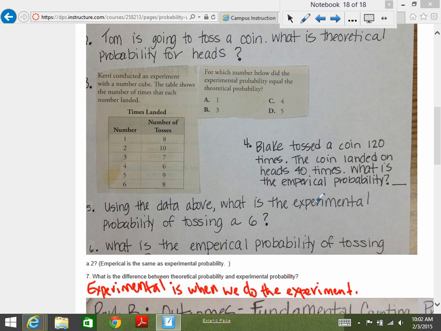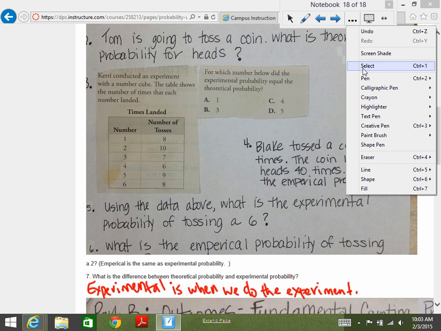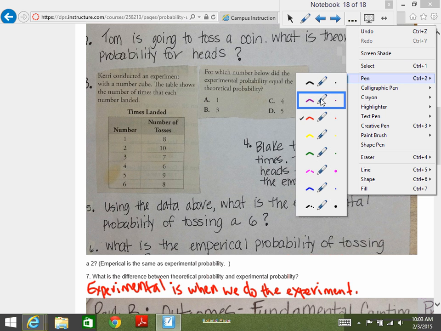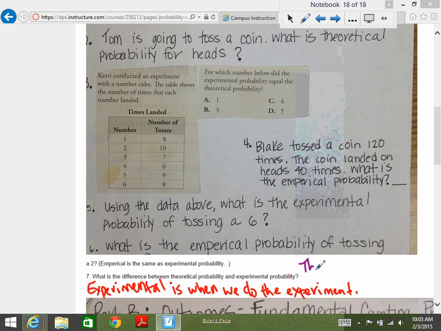Okay, what's theoretical? Yes. What we expect to happen. You were getting there, Amy. Okay. Do we have that information down?